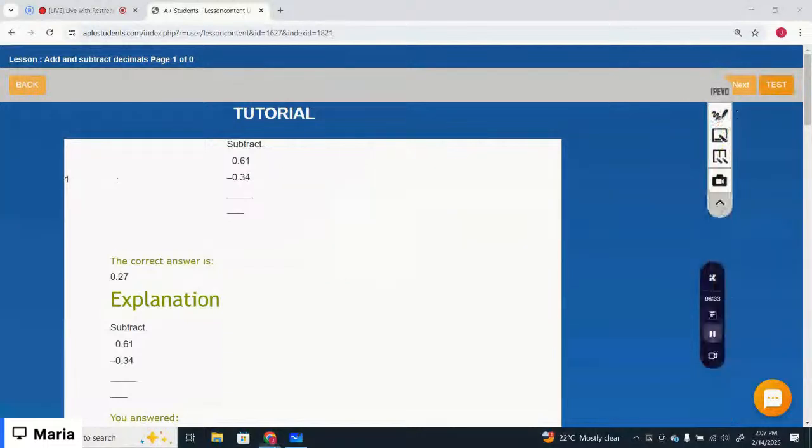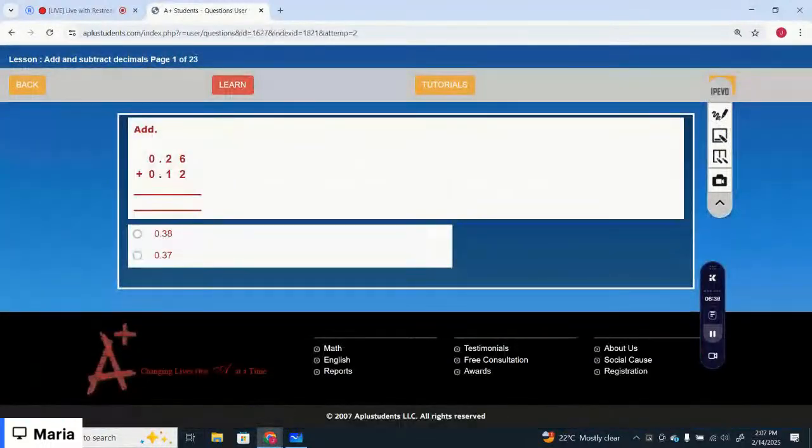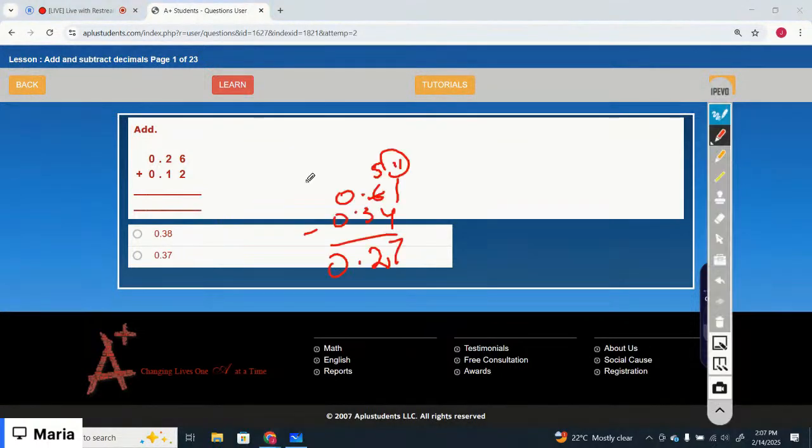Let's just start with the test questions. 0.26 plus 0.12. Adding decimals is exactly the same as adding other numbers. You just have to keep them lined up according to the decimal point. 6 plus 2 makes 8. 2 plus 1 makes 3.